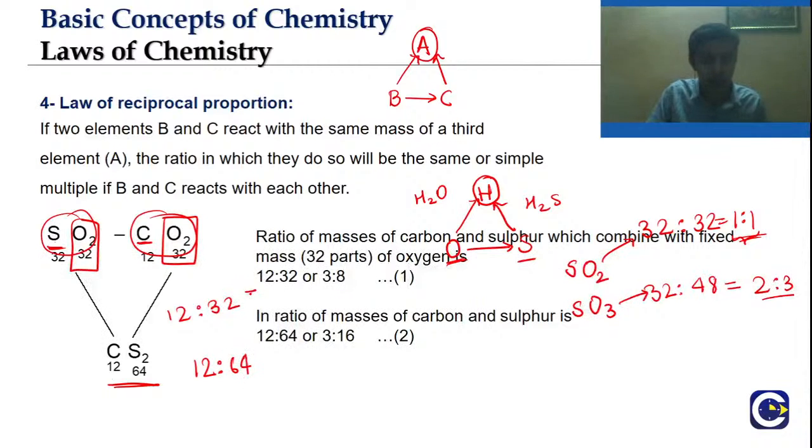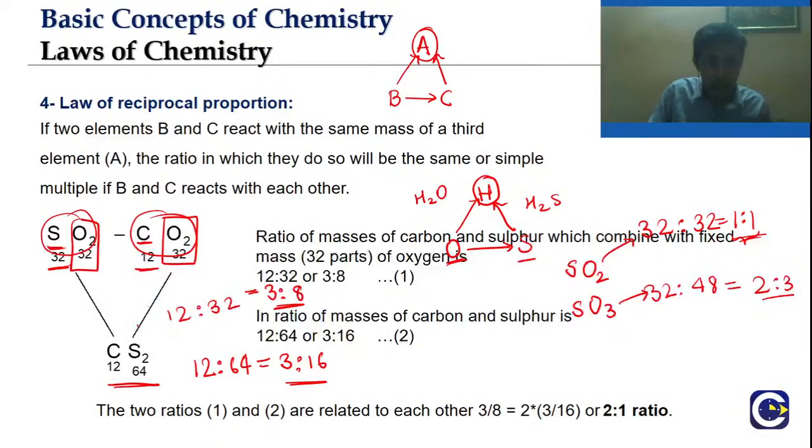So as you can see, their mass ratio over here is 3 is to 8. But when they are combining with each other, the mass ratio is 3 is to 16. So the ratio of masses in the molecule formed will be a multiple of the ratio of masses involved in these compounds. Getting it?